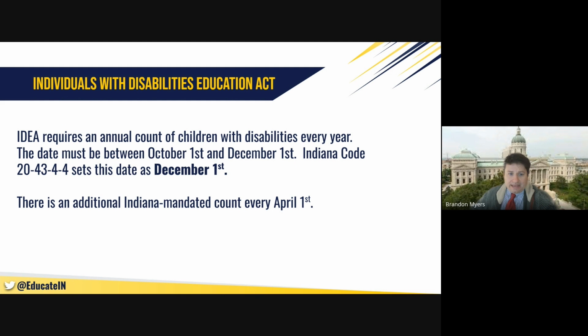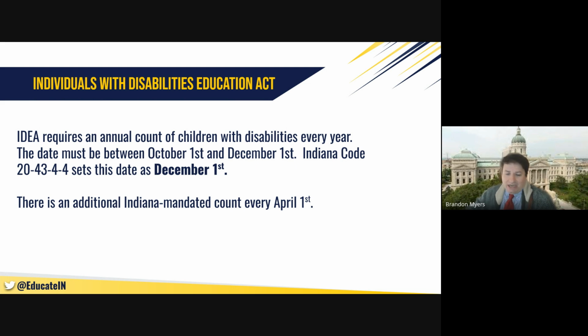The date is left up to the states, but it has to be between October 1st and December 1st, and Indiana code sets the date as December 1st. This year, December 1st is on a Sunday, so technically count day is December 2nd, but it's the same principle. We have an additional Indiana-mandated count every April 1st.